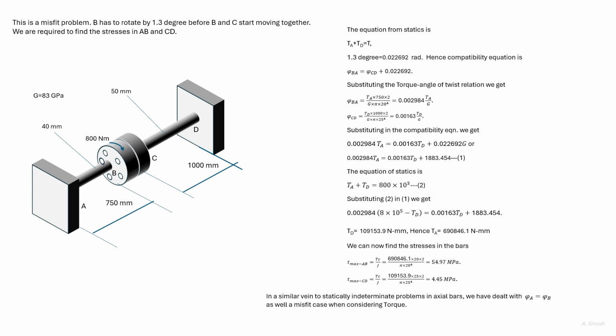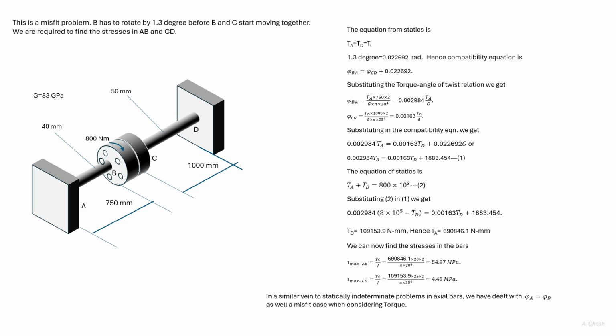With statically indeterminate cases in torsion, we have already dealt with the case where the angle of twist was equal. Here we deal with the misfit case where the difference of angle of twist is a constant value.